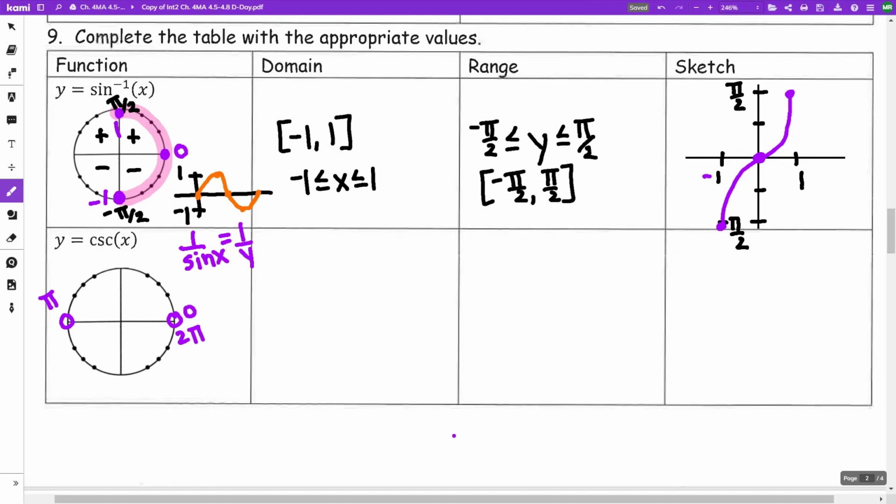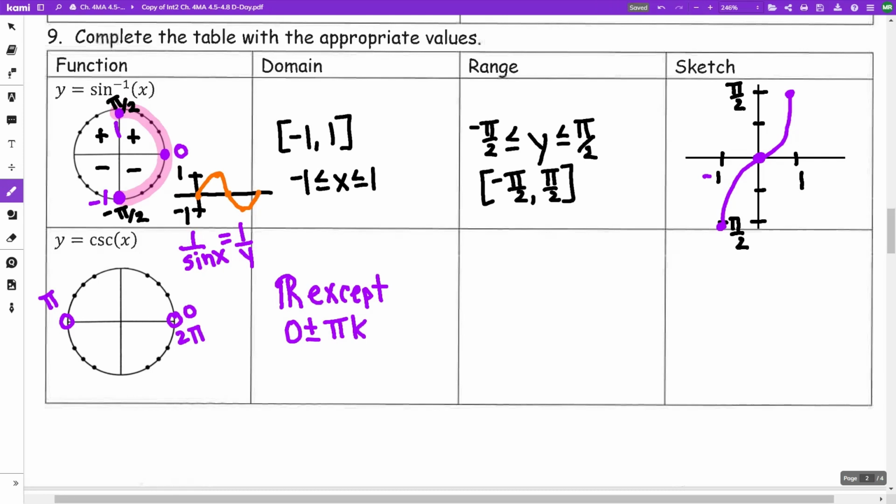For my domain, it's going to be all real numbers except 0, and I'm going to keep adding or subtracting pi over and over again to get 0, pi, 2 pi, 3 pi, and so forth. So pi k.